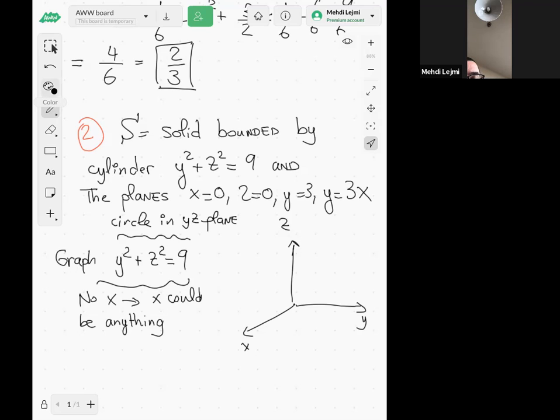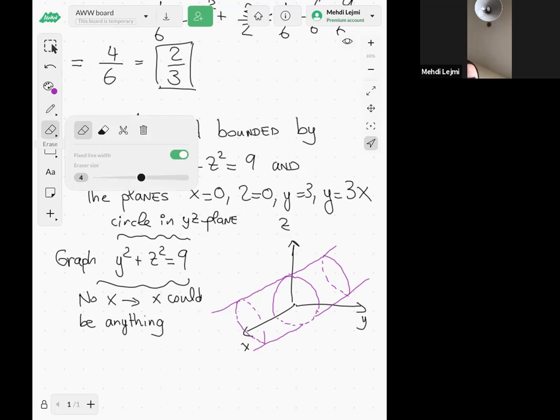But the X coordinate could be any number, which means that you can extend the circle along the X axis and you're going to get a cylinder, right?